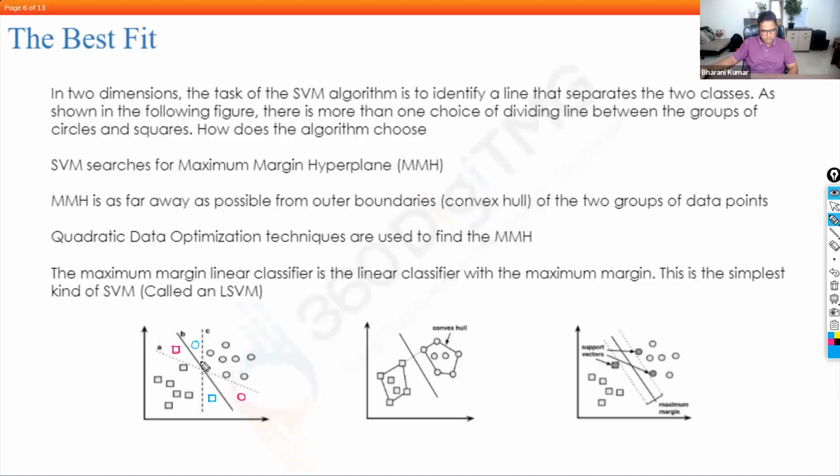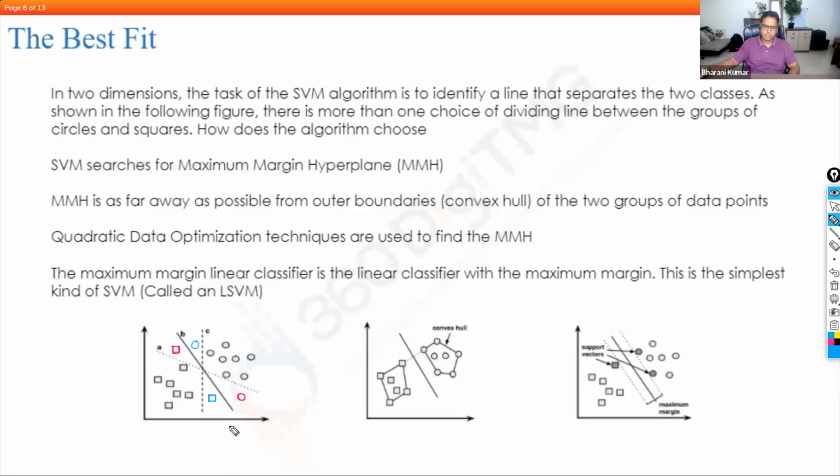Now look at B, which is another classifier. According to B, the data points which fall on the right side would be classified as circles. So this and this are circles, and they'll be correctly classified as circles. And if you look at below B, these 2 points, which are actually squares, will be classified as squares.